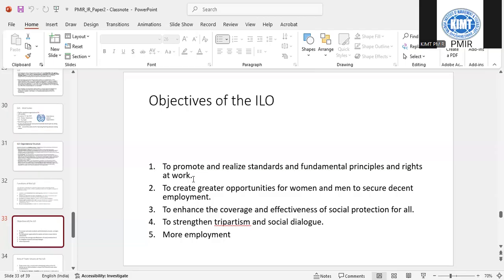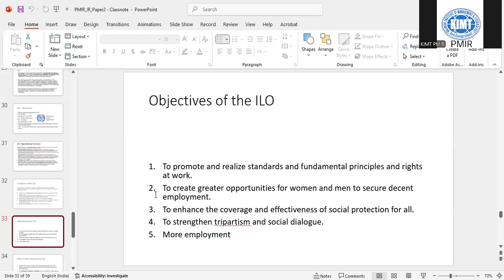Suppose after 60 years or 70 years you will not be able to work. So what kind of security you will have? Your country will have pension, your company will have pension, or is there a policy to provide the loan? Is there a policy that the government has deposited your GPF, EPF, all these things?